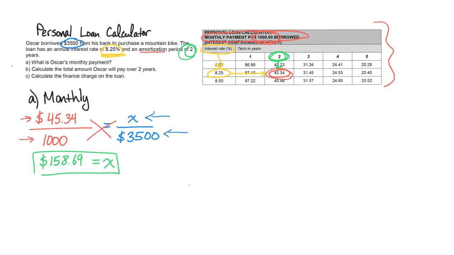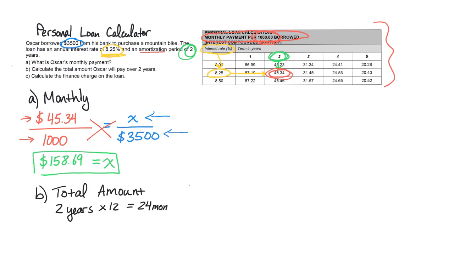In the next part, it's asking us what is the total amount that he is going to pay for this mountain bike. So total amount means I have to take his monthly payment. I have to figure out how many months he is paying this for. Well, he says that he's going to be paying it for 2 years. So to figure out how many months that is, I multiply by 12, and that's going to give me 24 months.